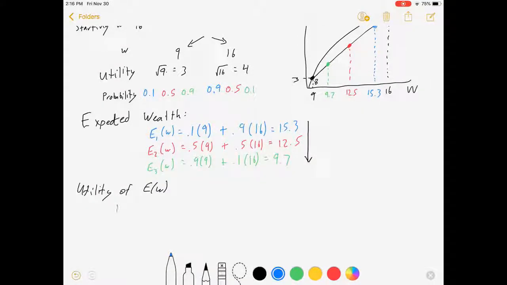So my utility function, and let's say I plug in E1 of W, my expected wealth under the first distribution. This is the square root of E1 of W, which is the square root of 15.3, which is 3.91.